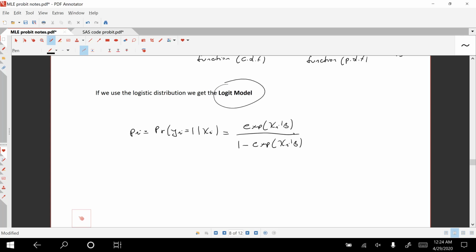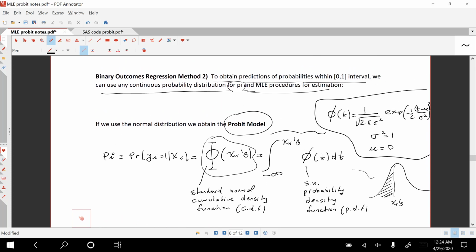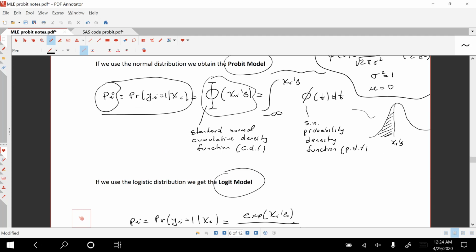Another way to think about this model is that we're trying to come up with an expression for the probability that yi is equal to 1. We have these two options. Actually, we could use other options, but these are the most popular ones.